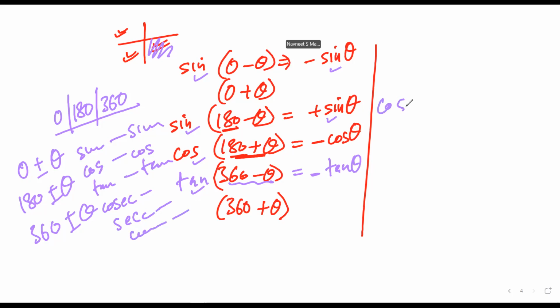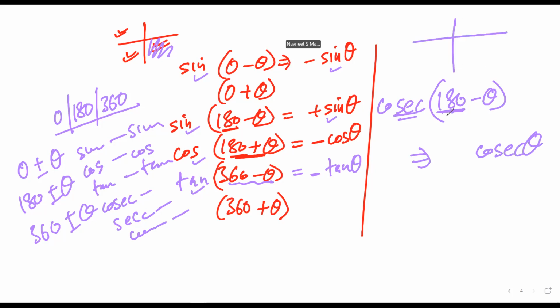For example, cosecant 180 minus theta: cosecant remains cosecant because there is a 180. I need to worry about the sign. 180 minus theta is in the second quadrant, where cosecant is positive. So this would be positive cosecant theta. Any doubt till here? No.